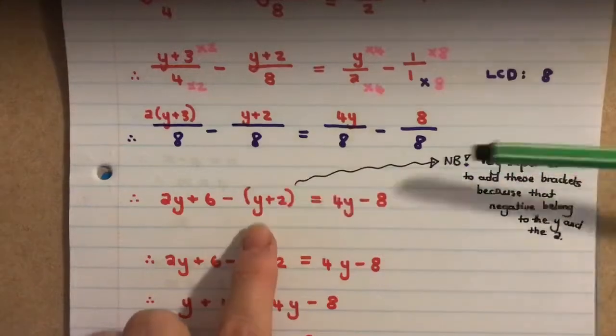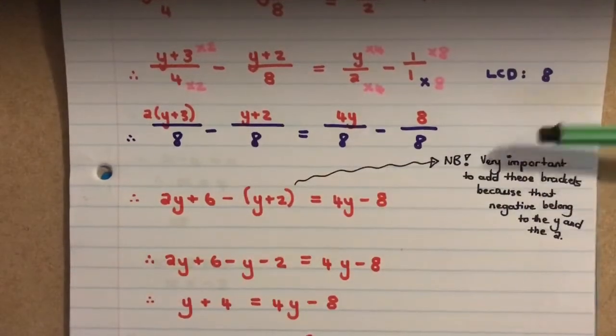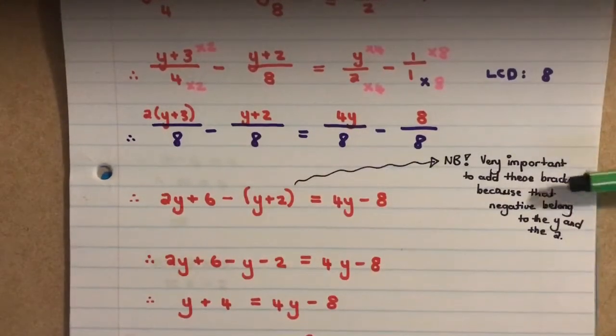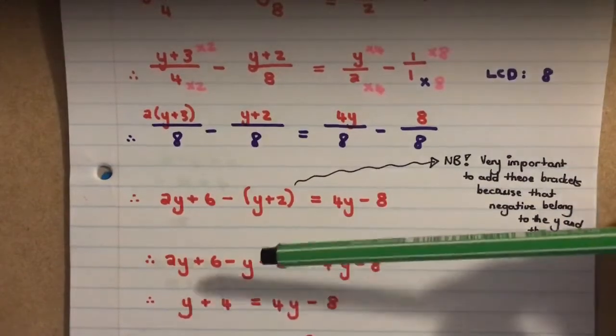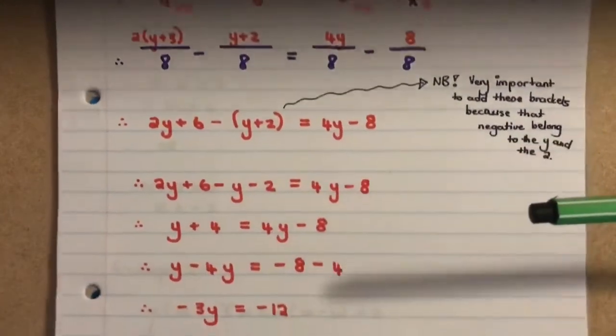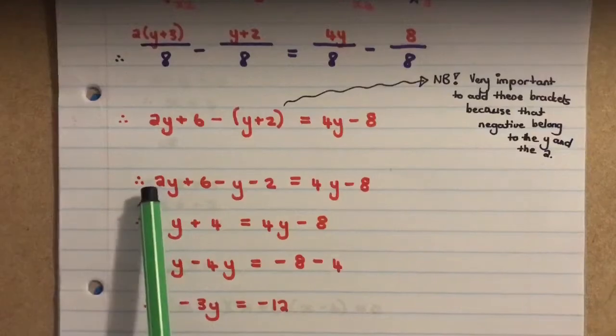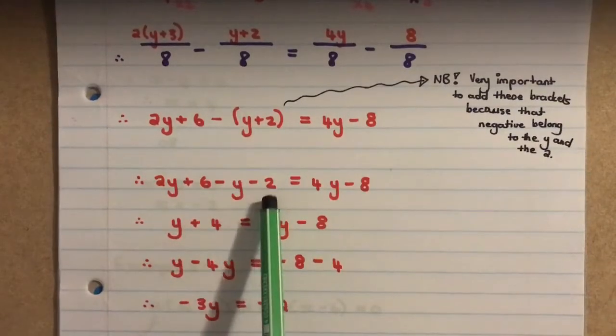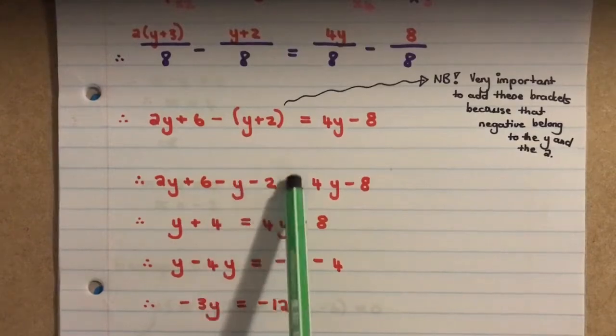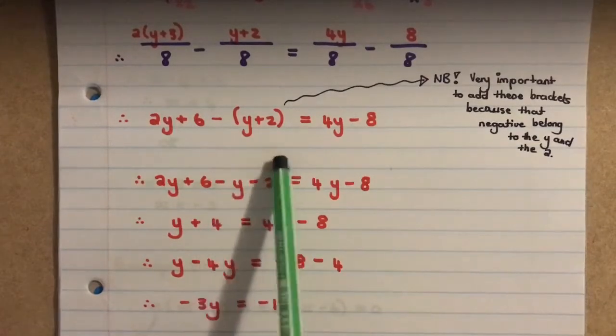So very important. I even wrote here NB, very important to add these brackets because that negative belongs to the y and to the 2. It means it has to be distributed to the y and to the 2. So then you can see you're left with 2y plus 6 minus y minus 2. Over there, I can guarantee you some will make that mistake.